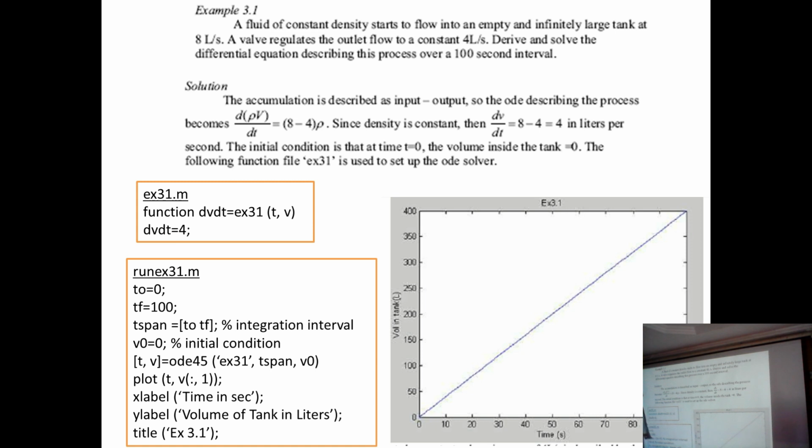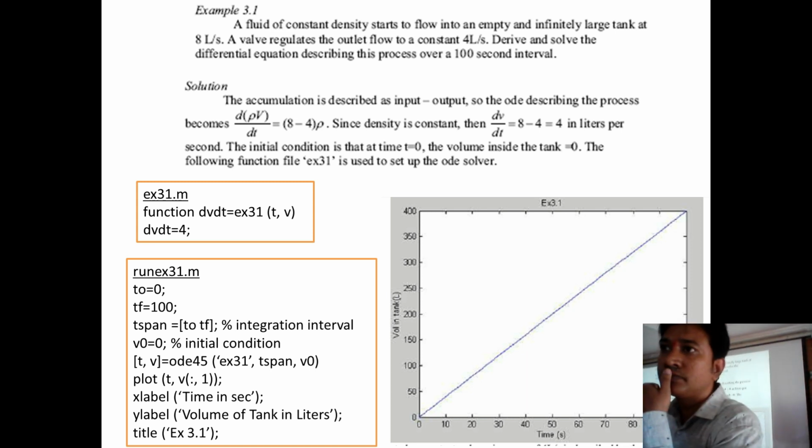Now, what is the meaning of this graph? Ultimately, you tell me. Go through the problem. Look at the graph. What is your interpretation? There is some fluid being sent to some tank, and he has given some inflow and outflow.